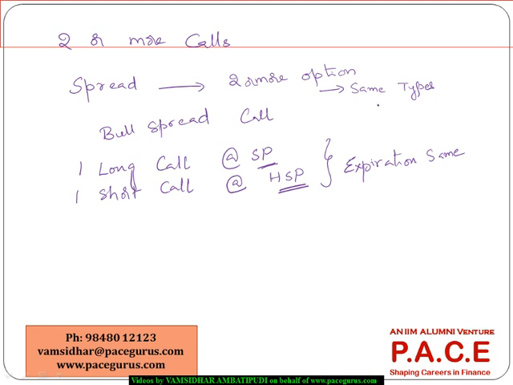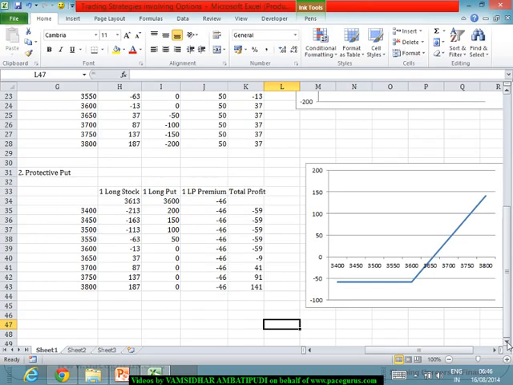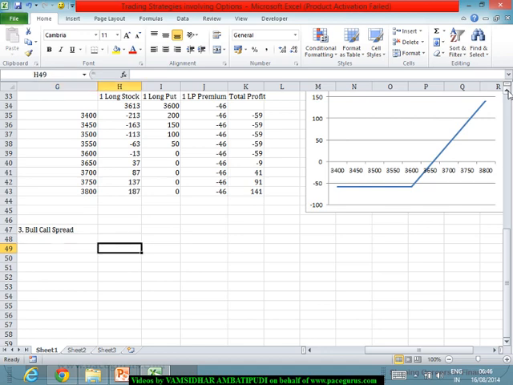Okay, we'll see what is happening in that kind of strategy. So I'll take it as a bull call spread strategy. The same thing we can use for puts also. In this case, as I said, we were talking about one long call and one short call position.